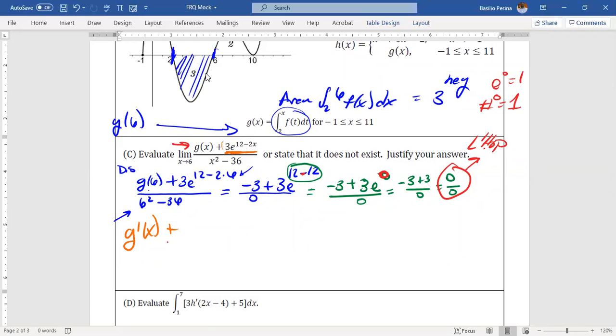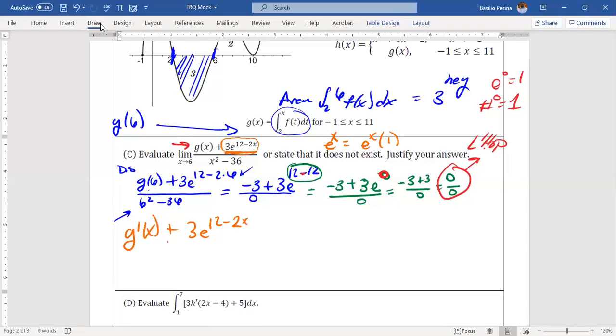This right here, guys, is the derivative of an exponential. If this was e to the x, what should we do? Well, we derive it, copy paste it, and take the derivative of the exponent. So we do the same thing, copy paste it, e^(12 minus 2x), right? The same exact thing.